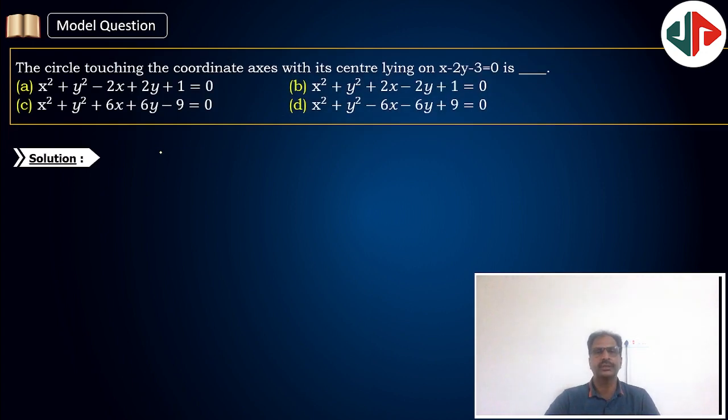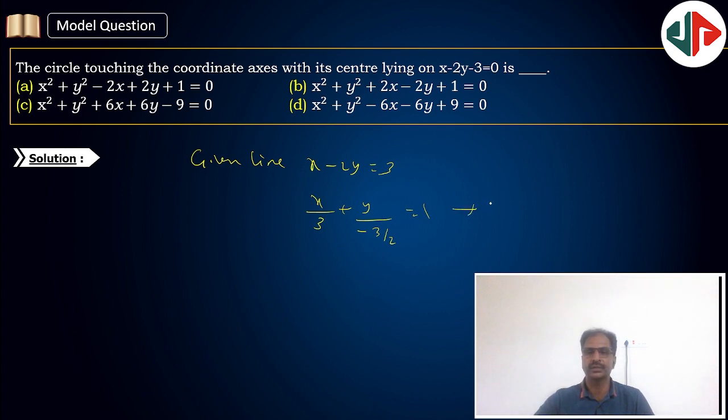Next, the circle touching the coordinate axes with its center lying on the line x minus 2y minus 3 is equal to 0. So what is the given line? x minus 2y is equal to 3, or x by 3 plus y by minus 3/2 is equal to 1. This line lies in which quadrant?